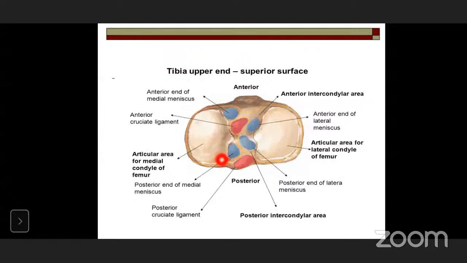This articular surface is covered by hyaline cartilage. In between these two is the intercondylar area, which is divided into an anterior part and a posterior part.